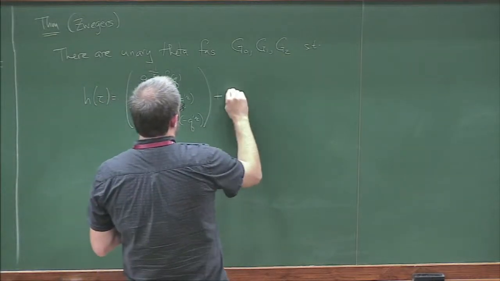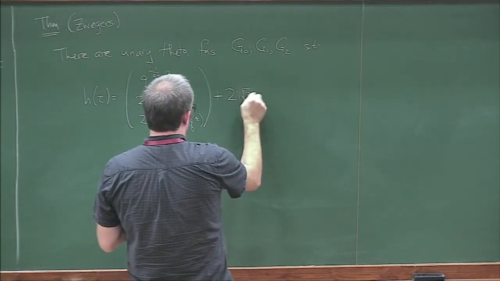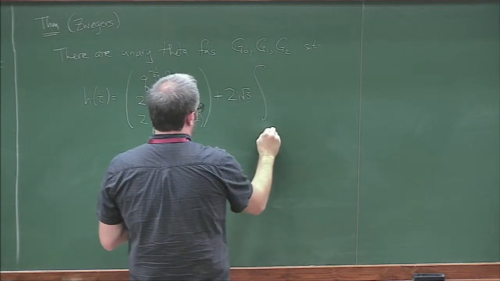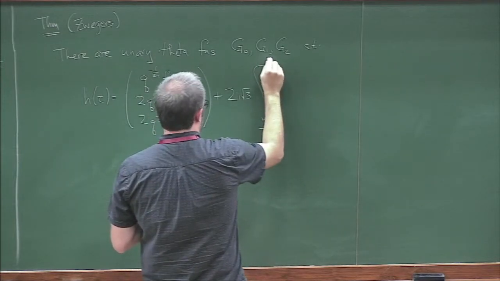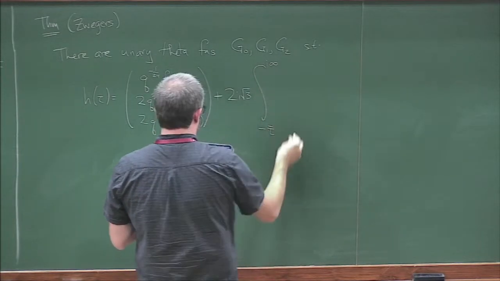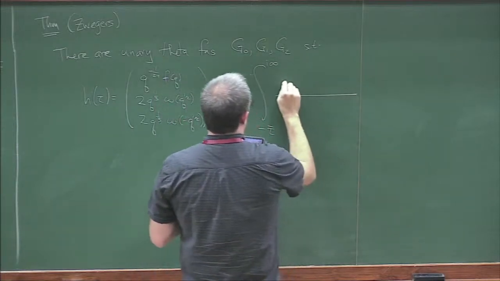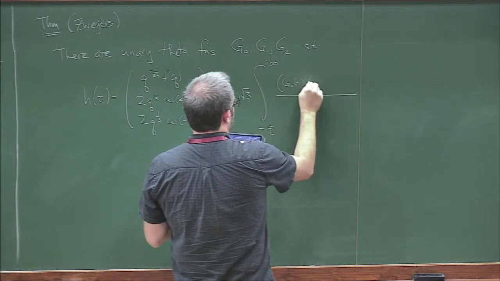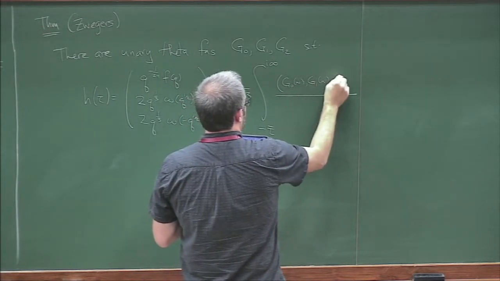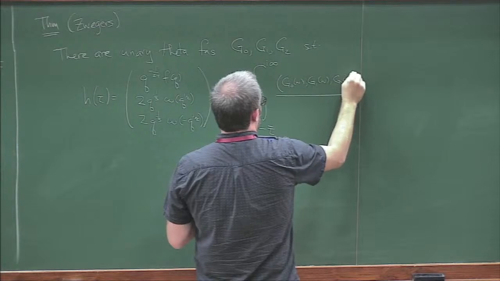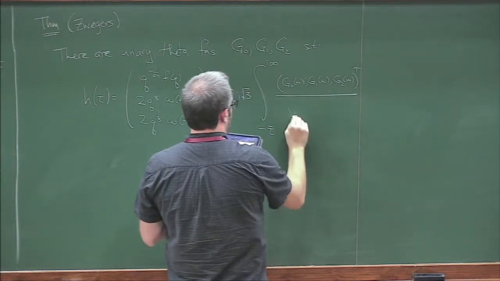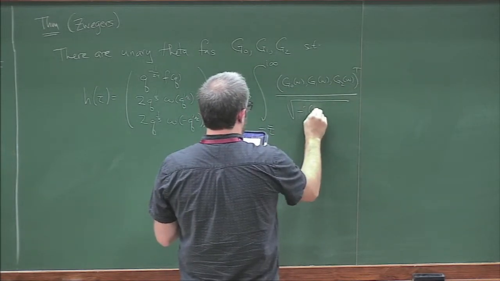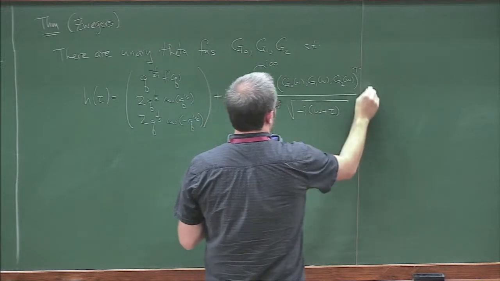And then you need to add to this 2i√3 times the integral from minus tau bar to i infinity. And then we'll put a vector of theta functions in here, G0 of w, G1 of w, G2 of w, transpose, over square root of minus i (w plus tau) dw.